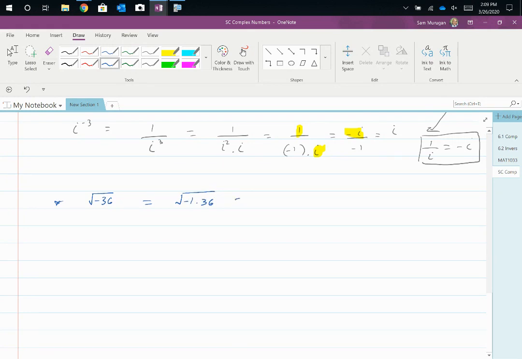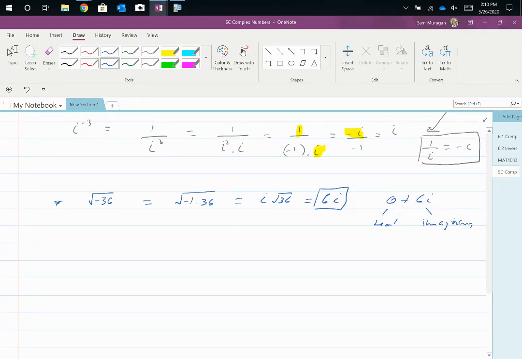But the square root of -1 is i, so this is i square root 36, which is equal to 6i. This has no real part, so the actual complex number is 0 plus 6i, where it only has an imaginary part. 0 is real, the imaginary part is 6i.